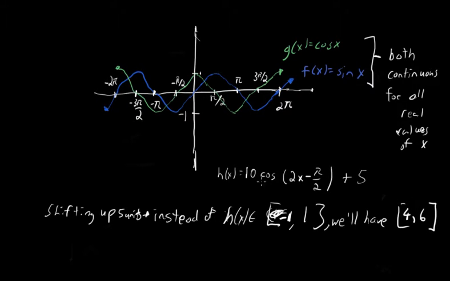But in addition to that, you multiply everything by 10. So instead of ranging from 4 to 6, I'll just say coefficient of 10.